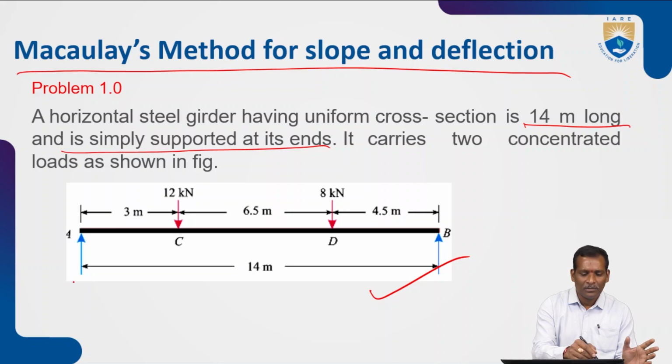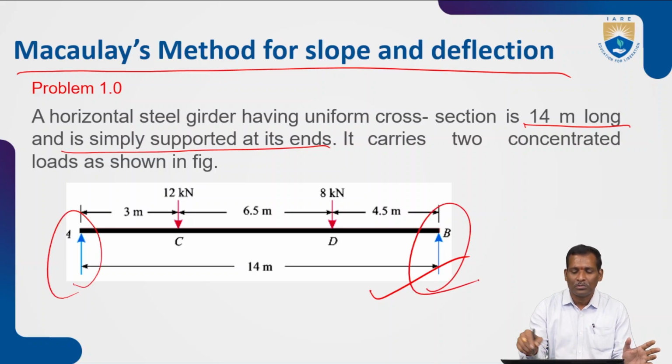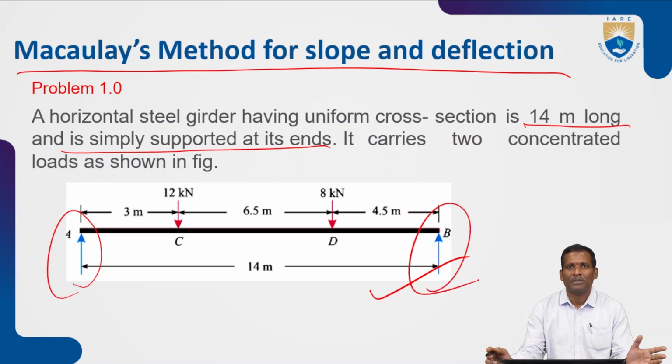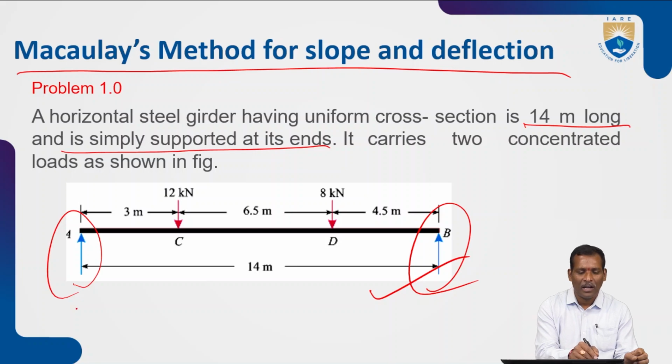Here you can see there are two supports. These are the reaction supports, RA and RB.